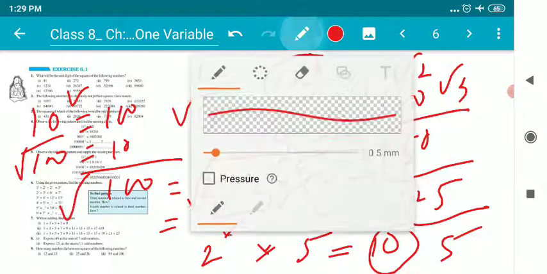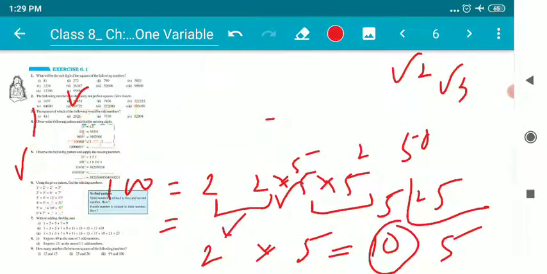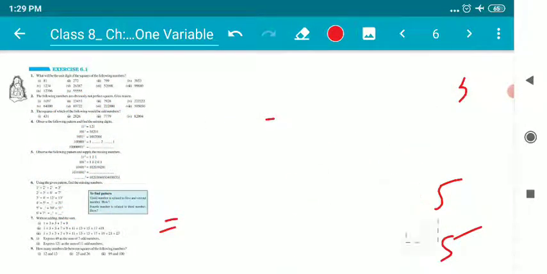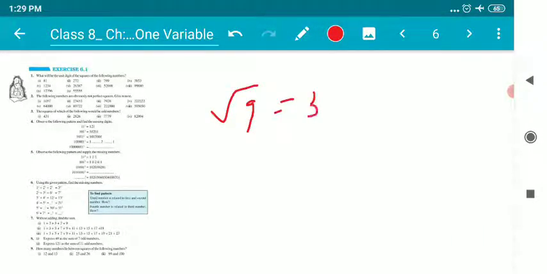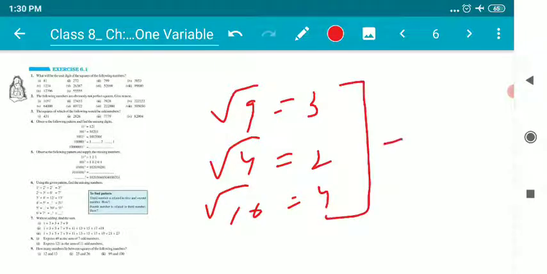Root over 6, not possible. Root over 7, root over 8, not possible. Root over 9 is equal to 3. Root over 16 is equal to 4. You will find out till 100 like this.